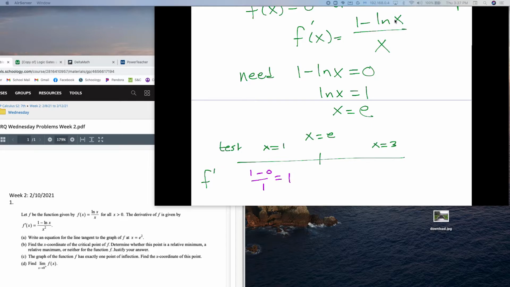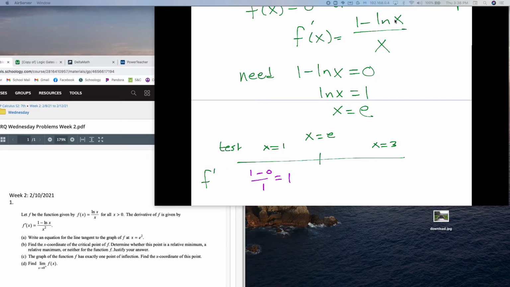Notice that if we put in 3, and again, you know that graph, you're going to know that this is 1 minus a positive value, because you know that graph, divided by 3. So let me go through that again, just so you know where I'm coming up with that.